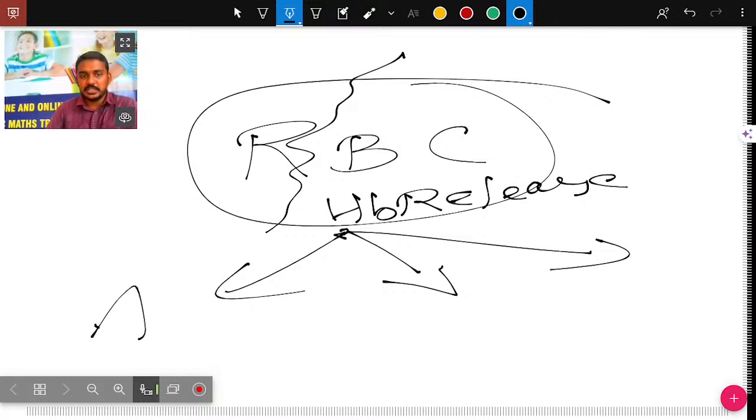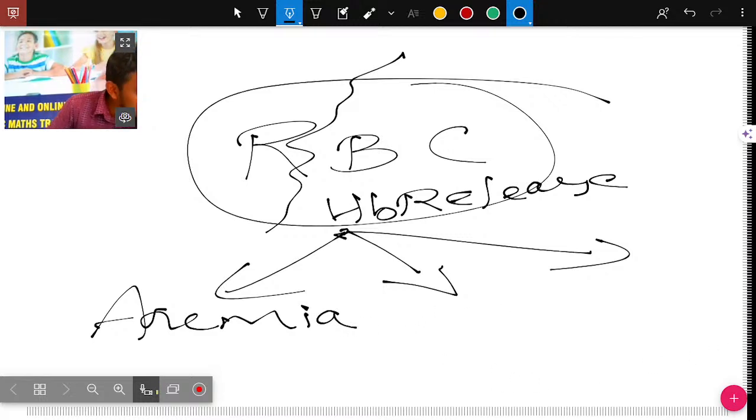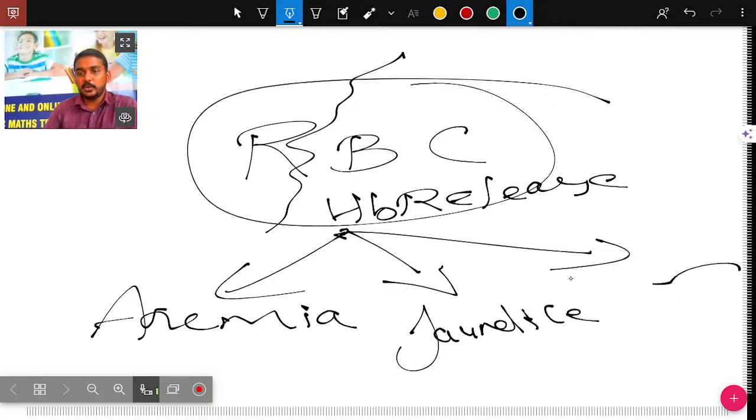First manifestation is anemia. Second manifestation is jaundice. Third one is splenomegaly.